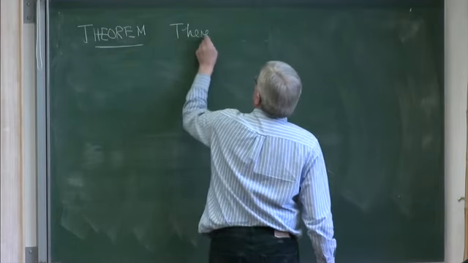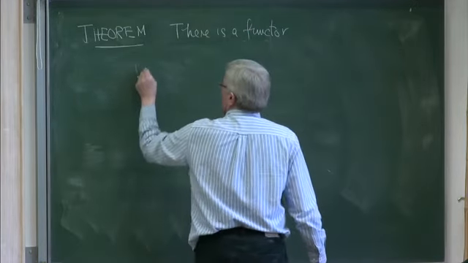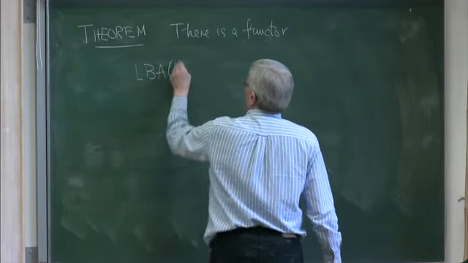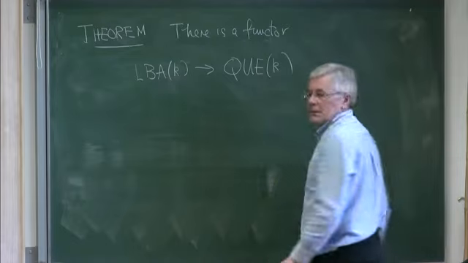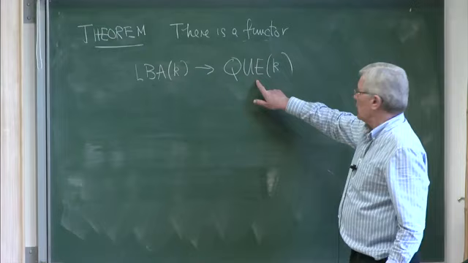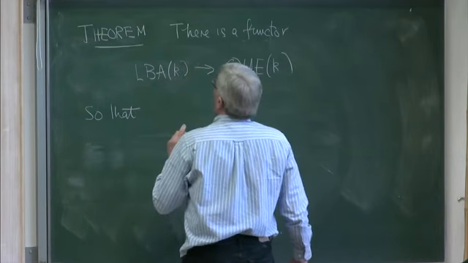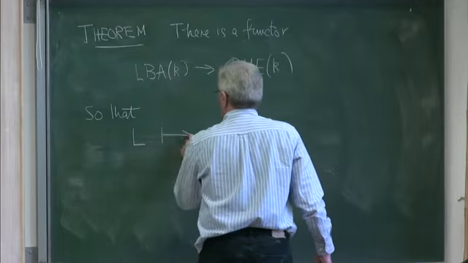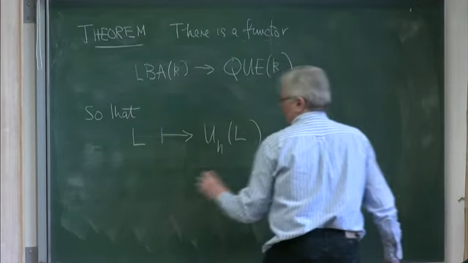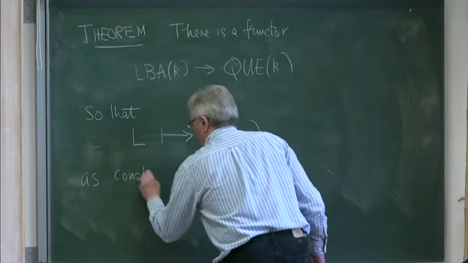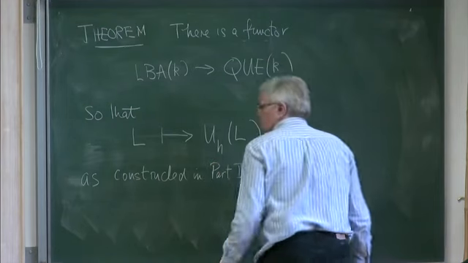There is a functor from LBA over K, Lie bialgebras over K, into quantized universal enveloping algebras over K, so that L goes to, well, I'll just call this UH of L, as constructed in part 2, because it's really in part 2 where they do it properly.